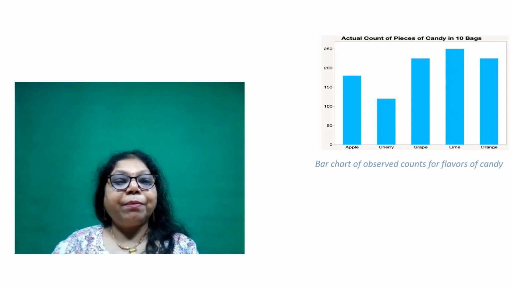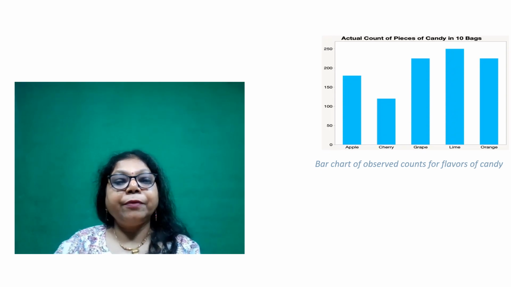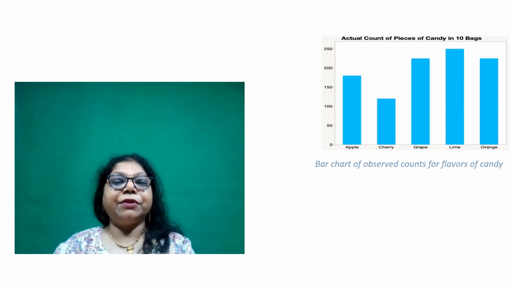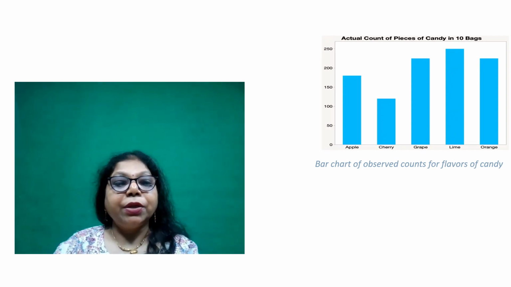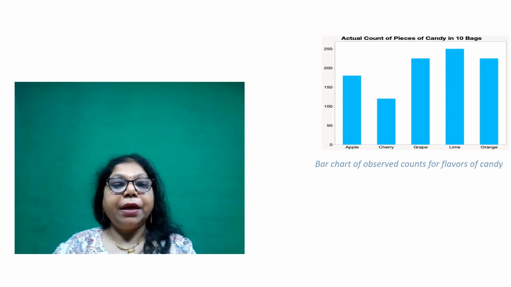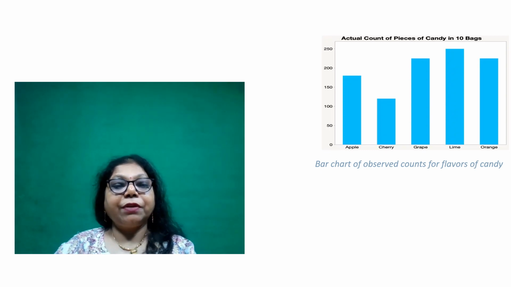We compare the value of our test statistic, 52.75, to the chi-square value. Since 52.75 is greater than 9.488, we reject the null hypothesis that the proportions of flavors of candy are equal. So we make the practical conclusion that bags of candy across the data do not contain an equal number of pieces for the 5 flavors.